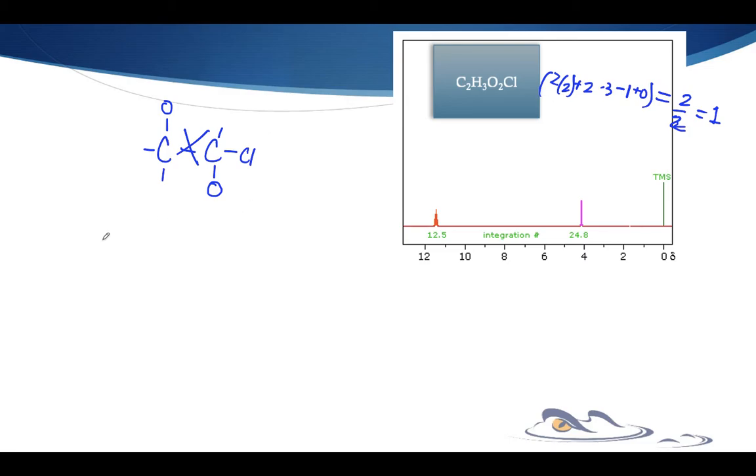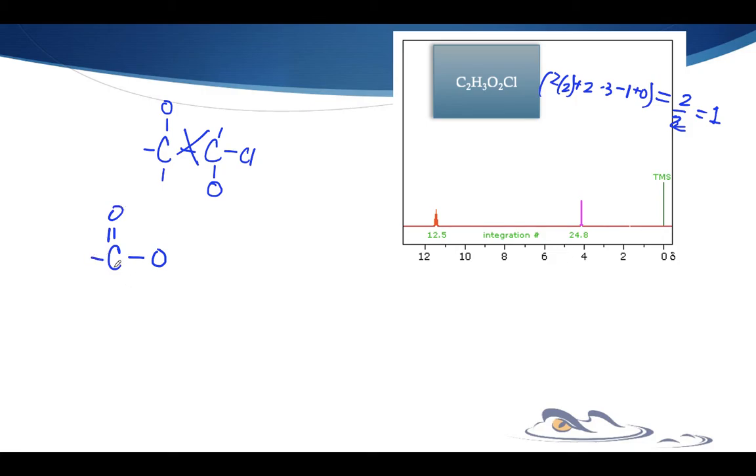If there's 1 pi bond and I have 2 oxygens, just follow me here. Then I'm wondering if this is some type of an ester-type configuration. So that would be like this, and then I would have a double bonded oxygen like that.